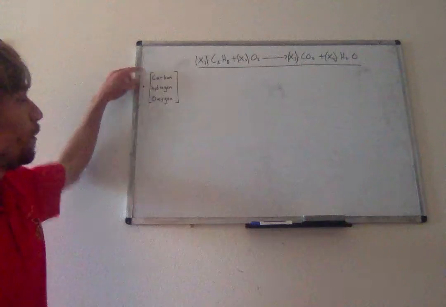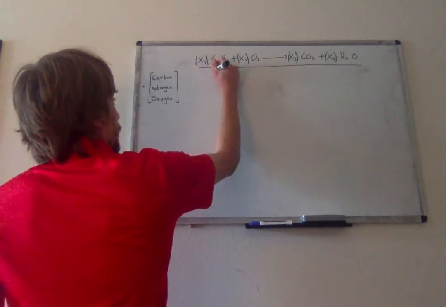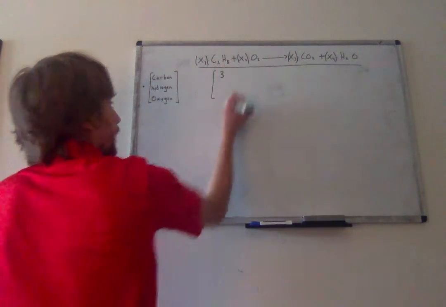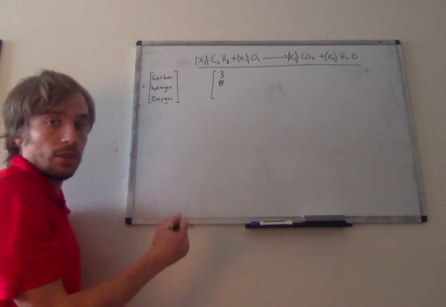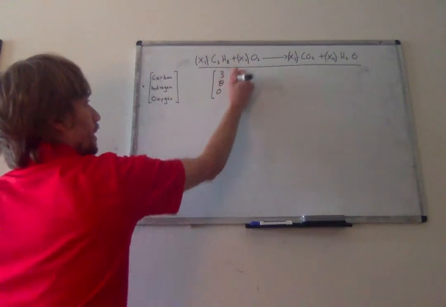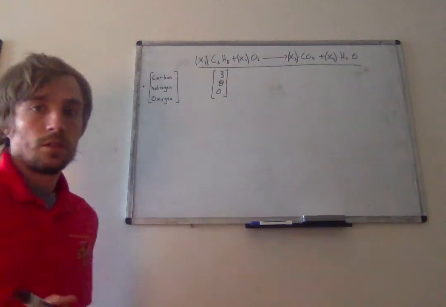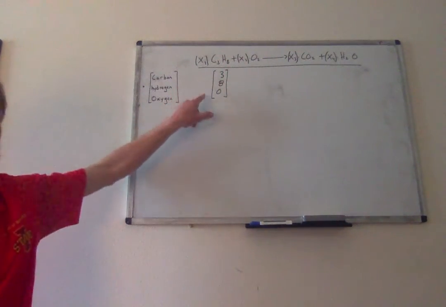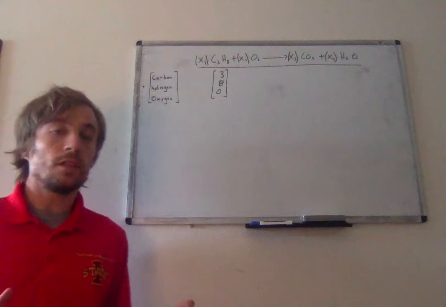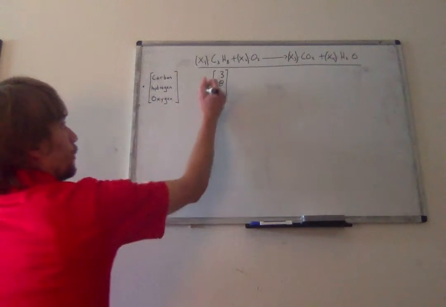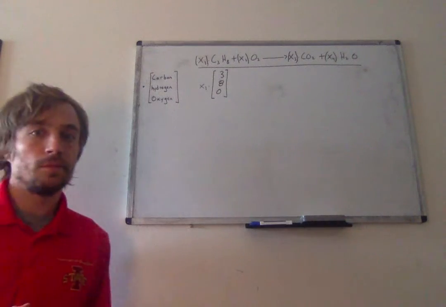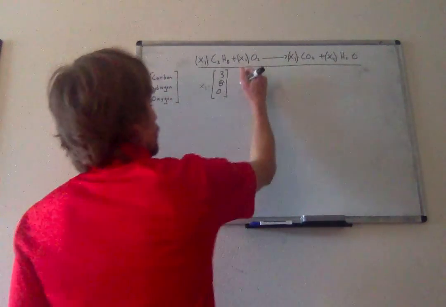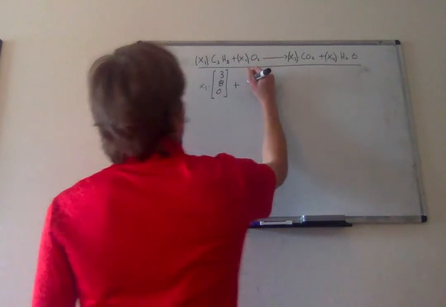So, for example, propane has 3 carbons, 8 hydrogens, and 0 oxygens. Right? So this vector 3, 8, 0 would represent propane. And of course, I'm going to have x1 many propane molecules. And so now I can just do this for the rest of my chemical equation.